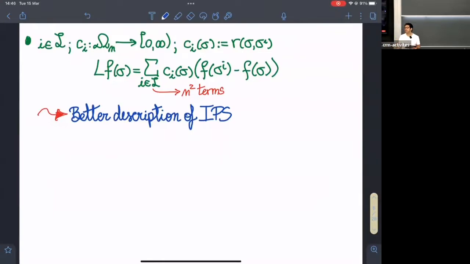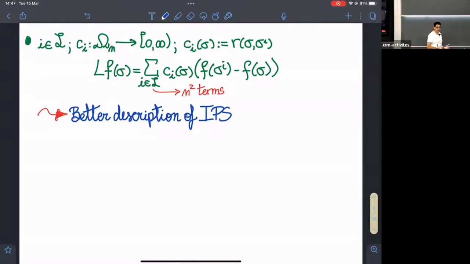That's basically what an interacting particle system does. In continuous time, of course, you don't talk about probabilities, you talk about instantaneous rates, the rates at which you perform this operation. So when you describe an interacting particle system, it's more convenient to describe it in terms of this rate c_i, the rate at which the transformation i happens.